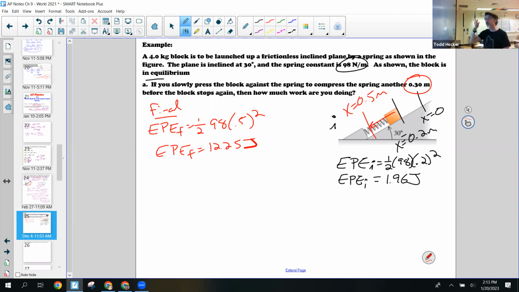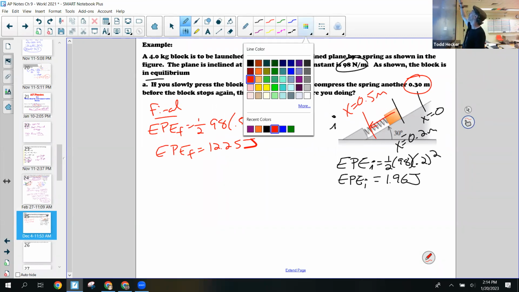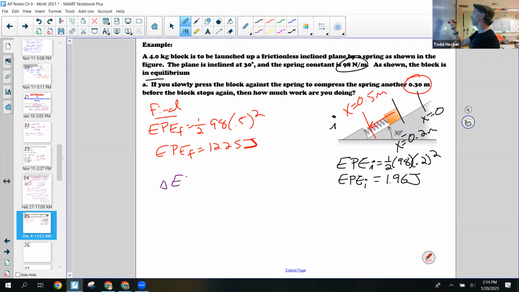My elastic potential energy changed, so there's probably going to be some value in finding that change. Our change in elastic potential energy is just final minus initial. So 12.25 minus 1.96 gives you 10.29 joules worth of elastic potential energy.